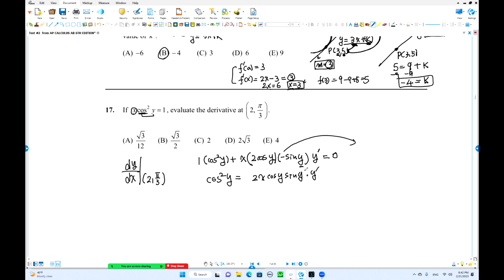After that, to get y prime, which is dy/dx, you can divide by all of this together: 2x cosine y sine y, isn't it? That is y prime, dy/dx.